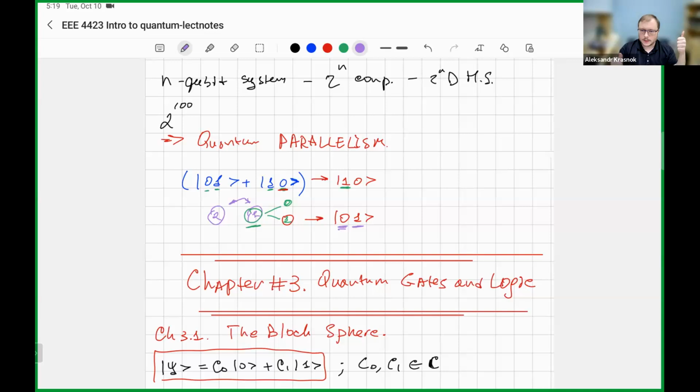If you have a system of two qubits and they interact, they are entangled, then first of all, the dimension of Hilbert space becomes greater, for example from 2-dimension it is promoted to 4-dimension, and the dimension of the vectors also grows. If you put more and more qubits, this dimension grows exponentially, 2 to the power of the number of qubits in the system.